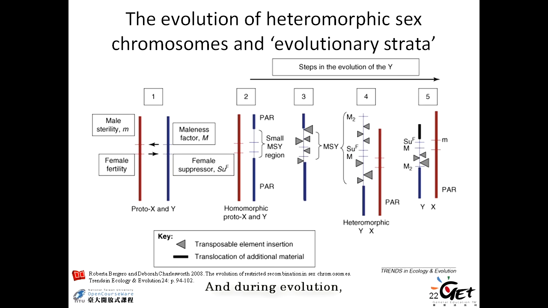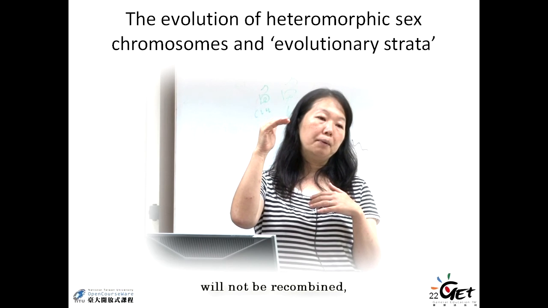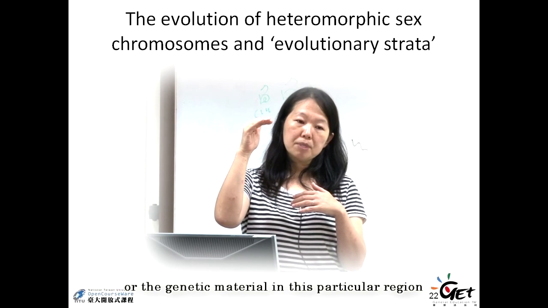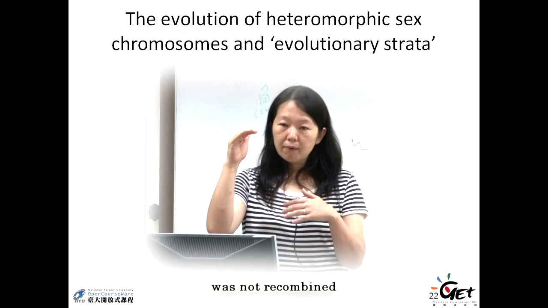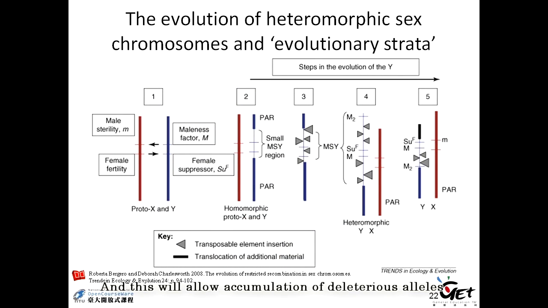During evolution, recombination suppression was initiated by inversion. If a region is inverted between the two chromosomes, that particular region will not recombine; the genetic material in it will not recombine between the two sex chromosomes. This allows the accumulation of deleterious alleles, including transposable elements.